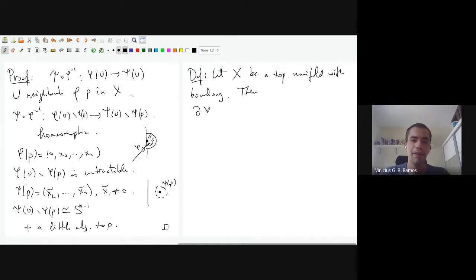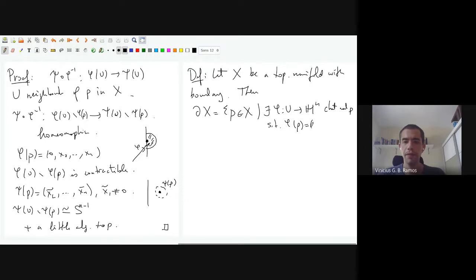Then we define the boundary of X to be the set of points P such that there exists a chart around P such that phi of P equals (0, x2, ..., xn). So this is the boundary. And the interior is everything that's not the boundary.